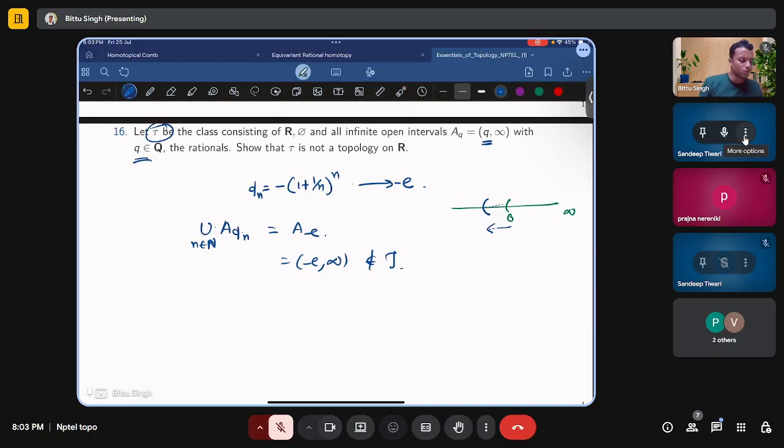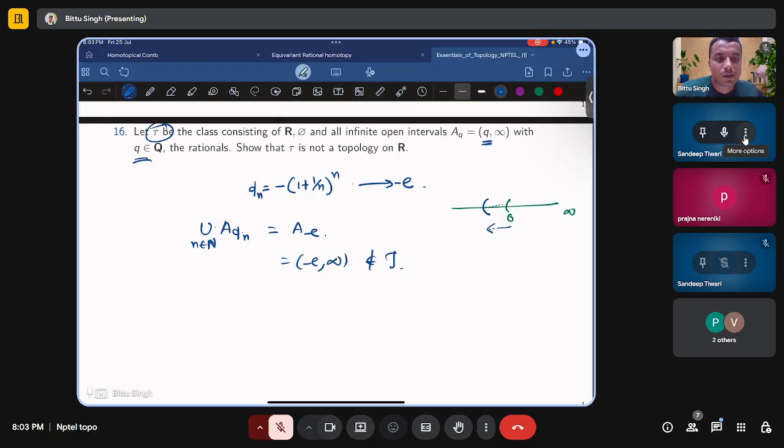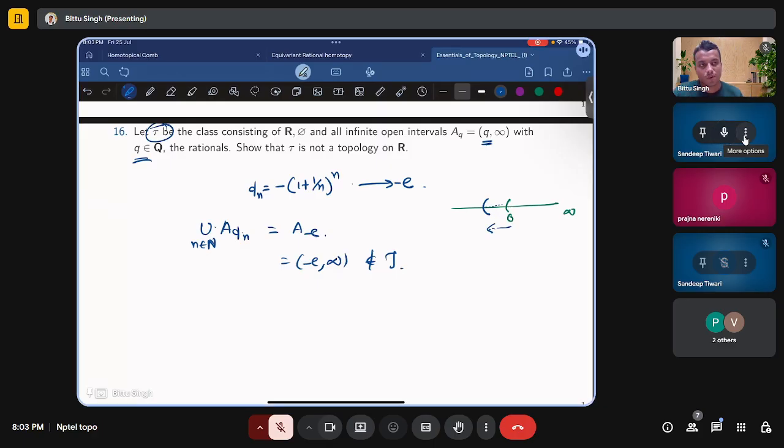Sir, by this method, can we say that this is not a topology? Yes, this is not a topology because an arbitrary union of open sets is not open in this case.